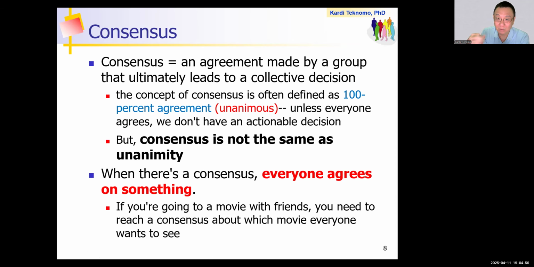The concept of consensus is sometimes defined as 100% agreement, but this is not correct. 100% agreement means unanimous. Can you see the difference? Consensus is not the same as unanimity. Unanimity, or unanimous, means 100% must agree.